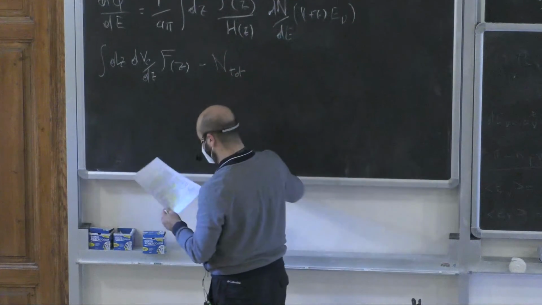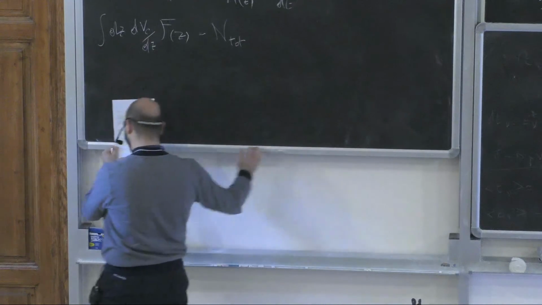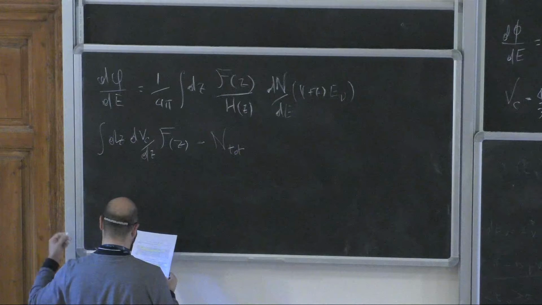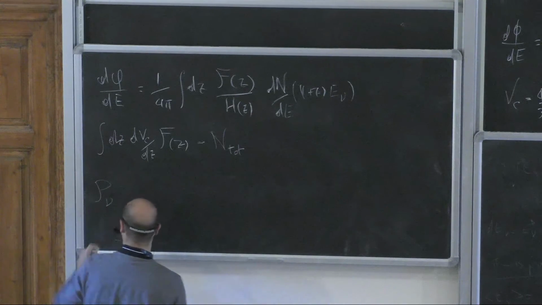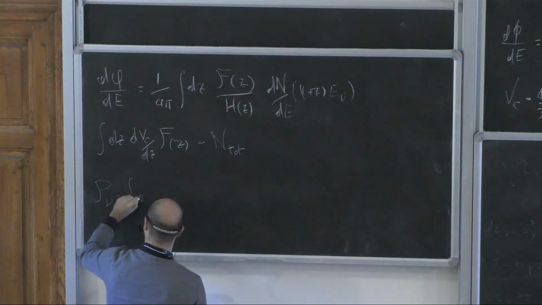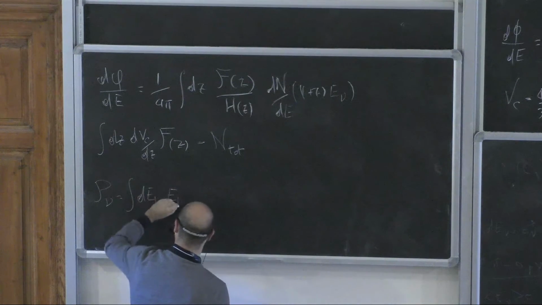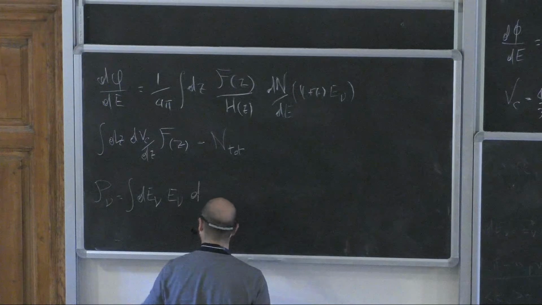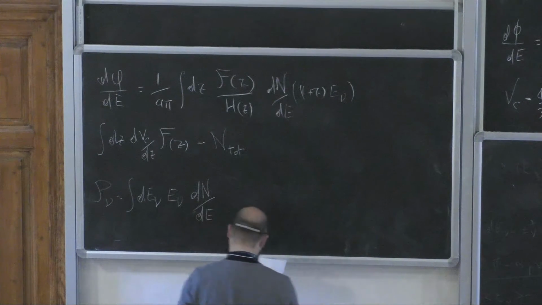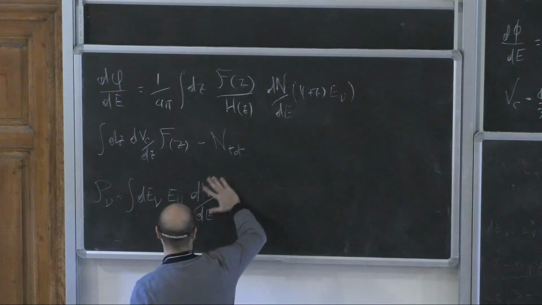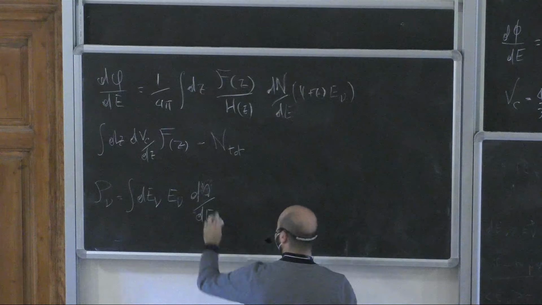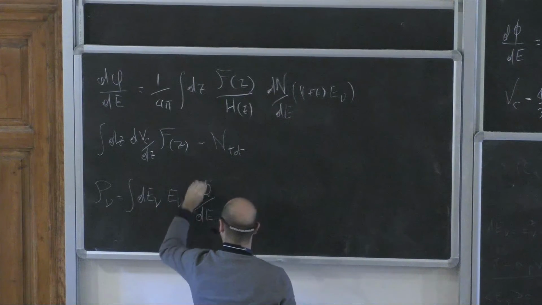What IceCube measures is basically that type of integral. In particular, one quantity that we can derive from IceCube flux measurements is the total power detected in my detector. Basically, it's going to be the integral over the energy times the flux d phi over dE.